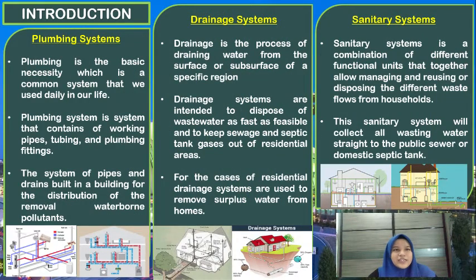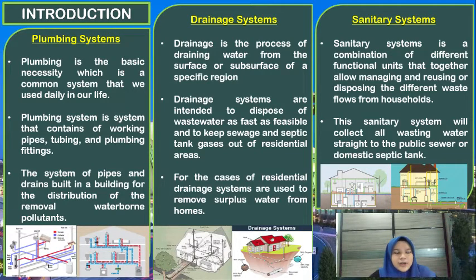Okay, for the part of the introduction, there are three types of system: plumbing systems, drainage systems, and sanitary systems. For the plumbing system, plumbing is the basic necessity that we use in our daily life. The plumbing system is a system that consists of working pipes, tubing, and plumbing fittings.